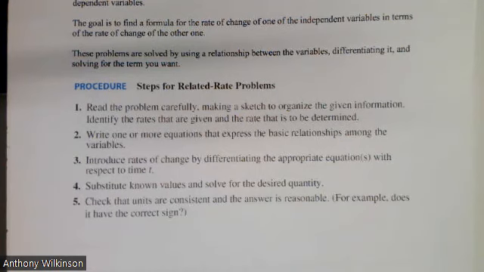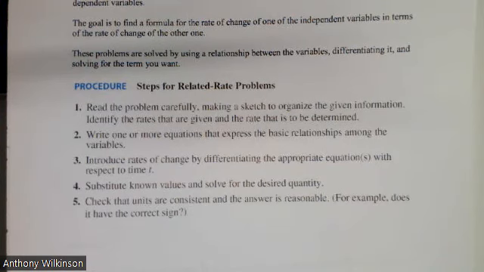Each variable will be differentiated with respect to time. That's why it's called related rates. Number four, substitute known values and solve for the desired quantity. Step number five, check that the units are consistent and the answer is reasonable.